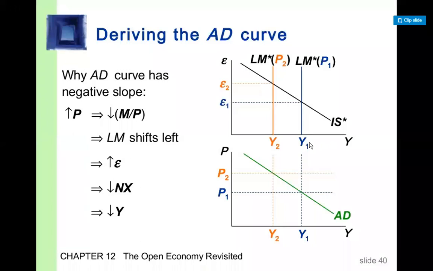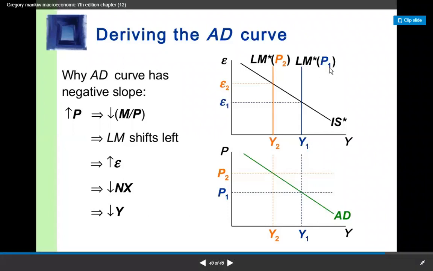Here the price level is P1. From this equilibrium we derive one point over here. How to derive this point?